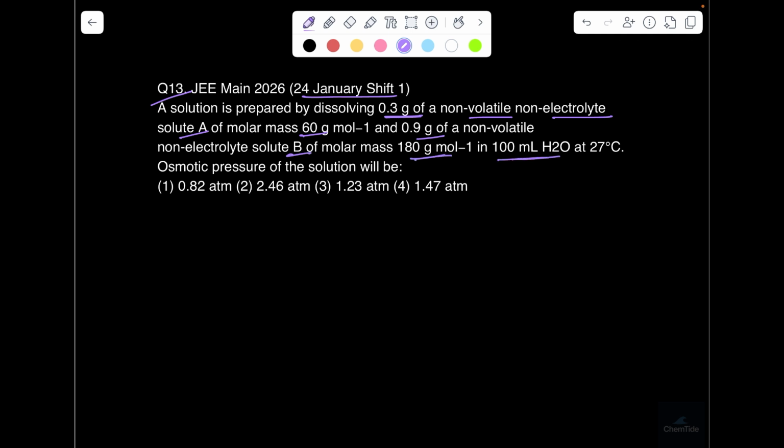The osmotic pressure of the solution will be? So pi should be equal to iCRT, but since these are non-volatile non-electrolytes, the i value is 1. So we will have the total concentration C1 and C2, because A we are adding and B also we are adding, and this is R and T. So for A we have 0.3 gram divided by the molar mass 60.